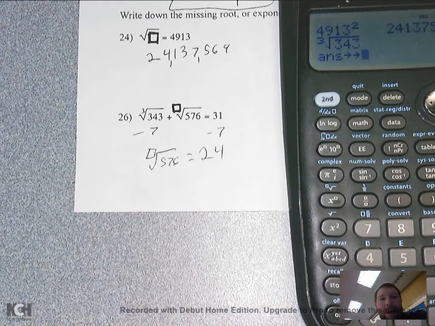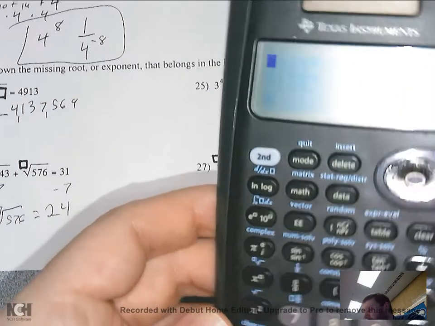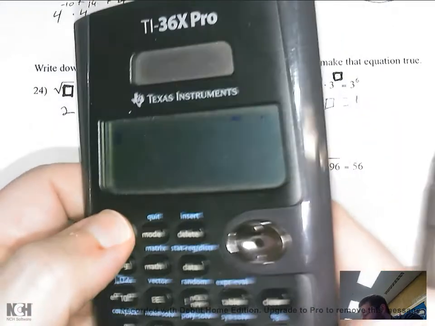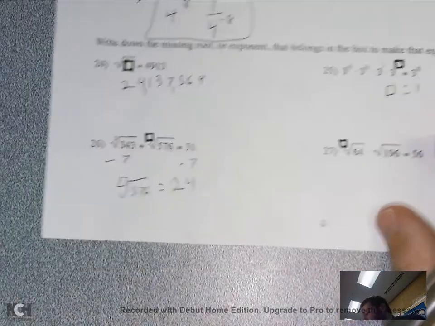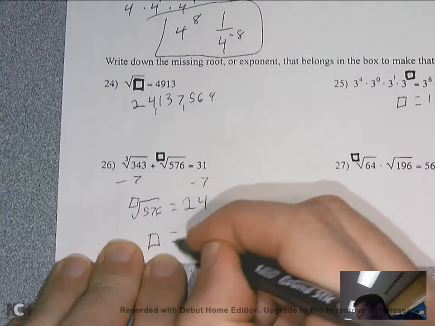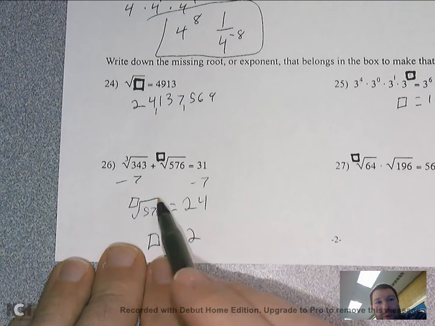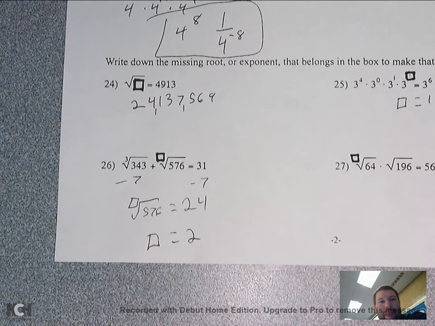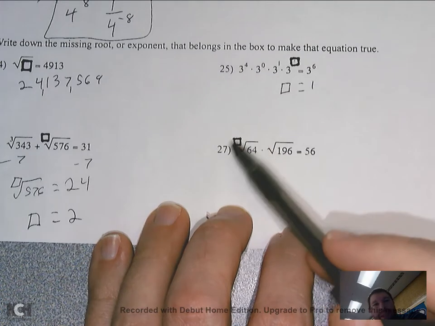So now I need to figure out if I square root 576, does it equal 24? Or do I cube root 576 and does it equal 24? So let's try square root first. Square root of 576 is 24. Okay, so that means this box has to be a 2. Okay, so if I figure out this is a square root that equals 24, then the box is a 2. If it was a cube root, it would equal 3.